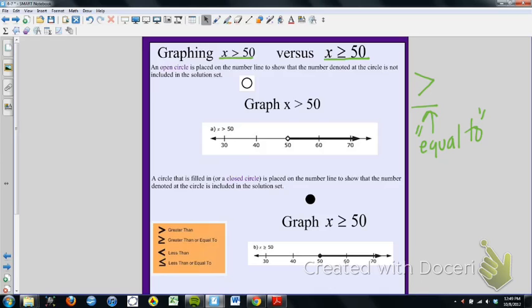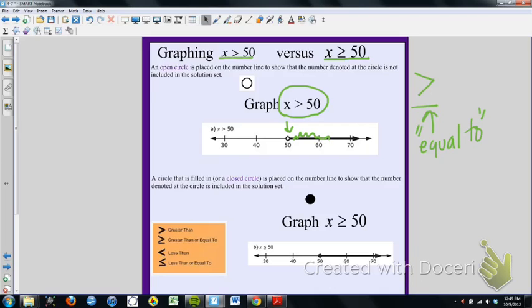So some numbers included in the solution set of this inequality would be 50.1, 50.2, 50.3. Those are just a few numbers. 51 is also included. So what we do is we put an open circle. So you can see here that's an open circle at 50, meaning I don't shade 50, so it's not included in the numbers that make this inequality true.